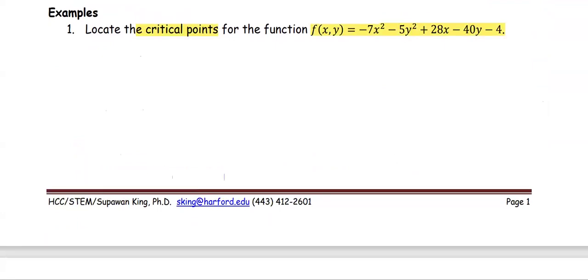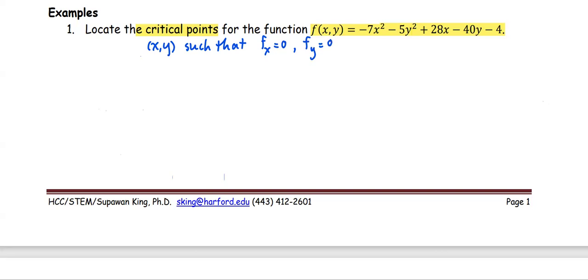In this example, we are going to locate the critical point for the function f(x, y) equals negative 7x squared minus 5y squared plus 28x minus 40y minus 4. To find the critical point, we're going to find the x and y such that the partial derivative with respect to x equals 0 and the partial derivative with respect to y equals 0 of the given function.